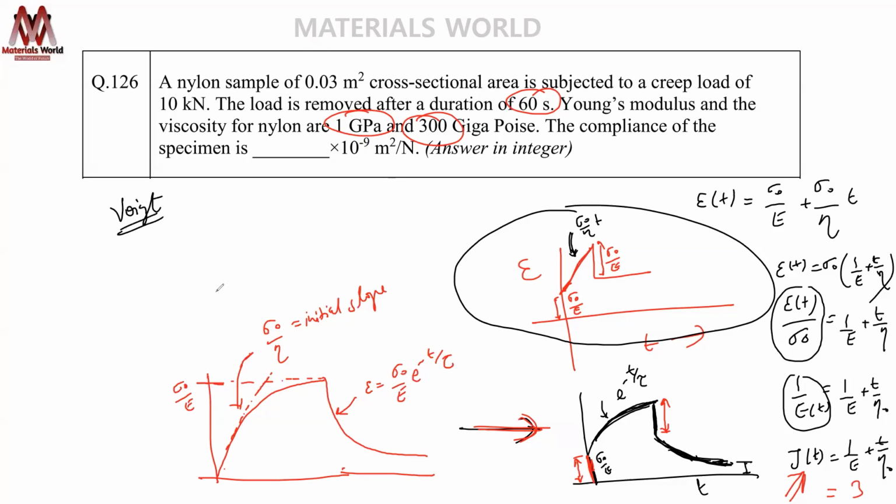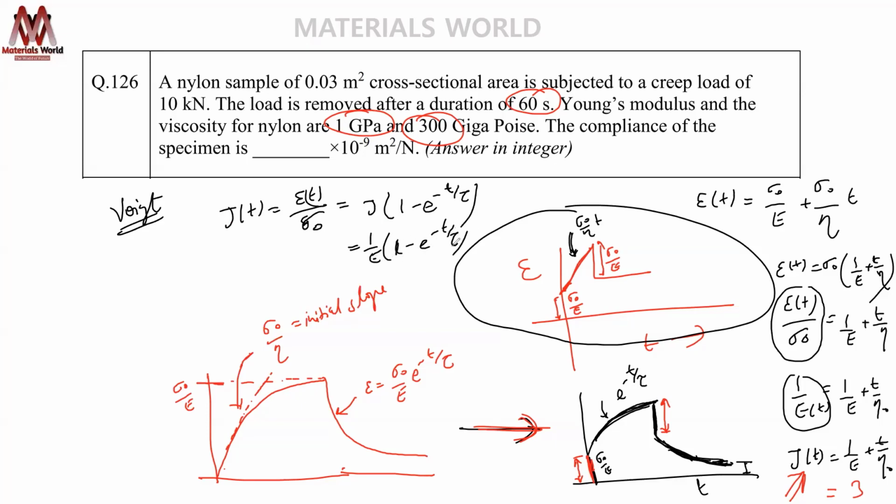For that you can reach the compliance expression, that is J equals 1 by E times 1 minus e to the minus t by tau.